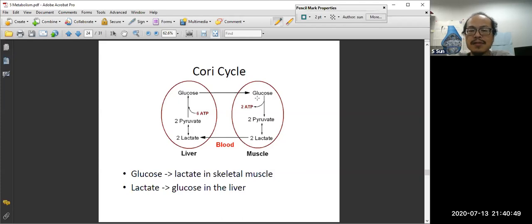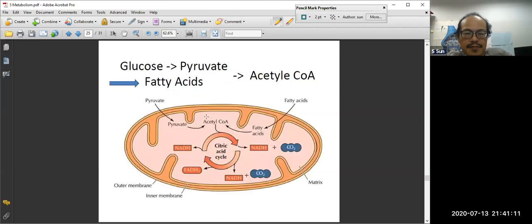The cell will use it. So this cycle is called the Cori cycle. In the Cori cycle, which organ will convert lactate to glucose? Liver. That's the question that you will see. That one's easy.